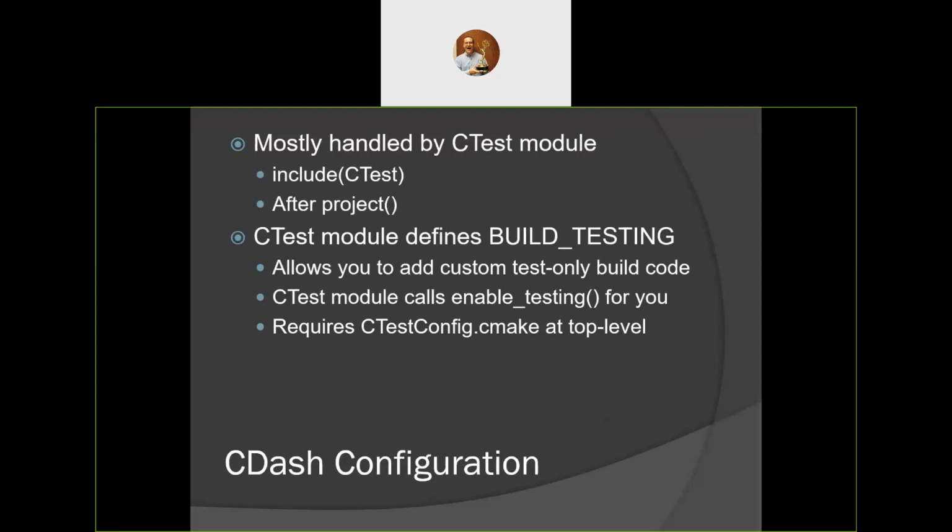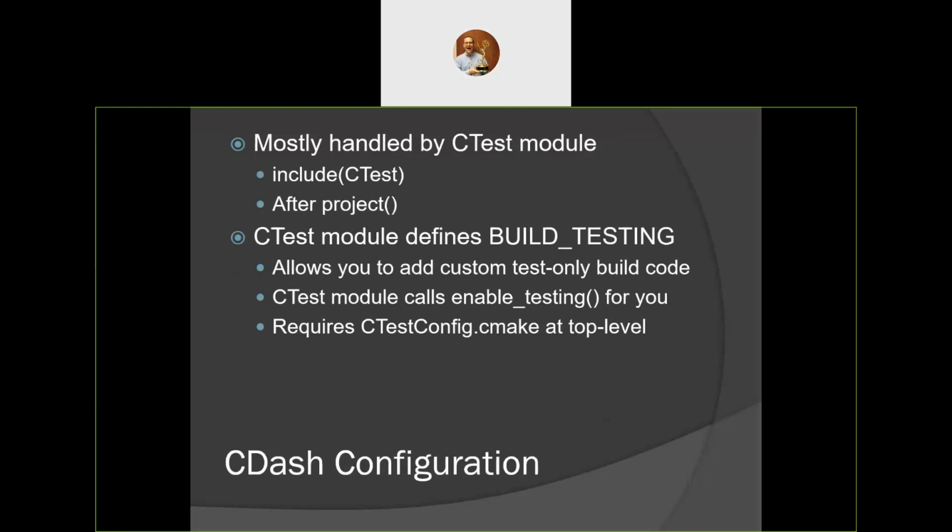And this will let you adjust your CMake script so that, for instance, maybe you don't want to add a whole bunch of tests to a developer workflow, to have all that stuff created and managed by CMake and by CTest at a developer's workspace. So you can say if build testing is off, we won't add those tests. We won't call add test.